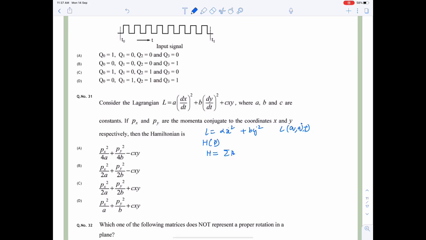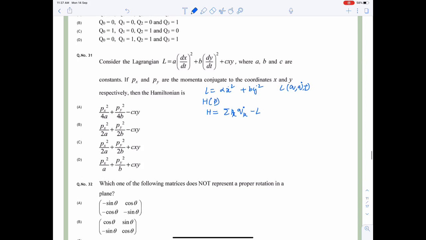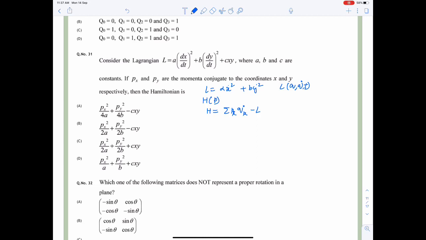So the formula is H equals pk qk dot minus L. Okay, so you have to first calculate this in the form of momentum, since this is in the form of the q dot coordinate. So you can apply the formula to convert this.